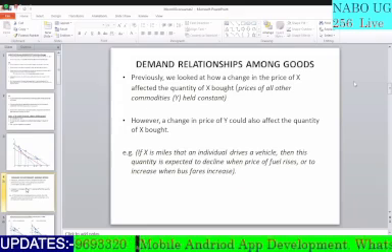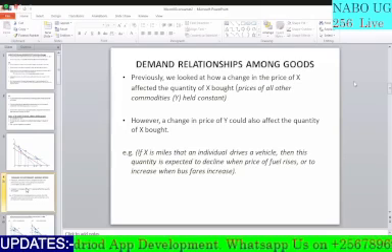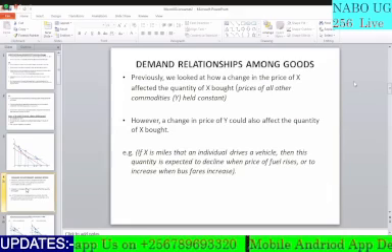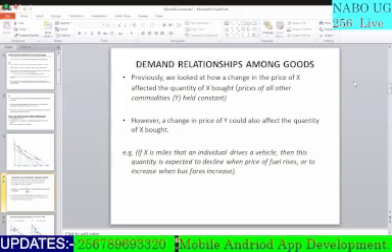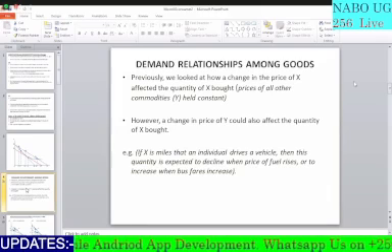Then we want to look at the demand relationships among goods. When we looked at the substitution and income effects, we looked at how a change in the price of X affected the quantity of X bought when the price of Y is held constant.